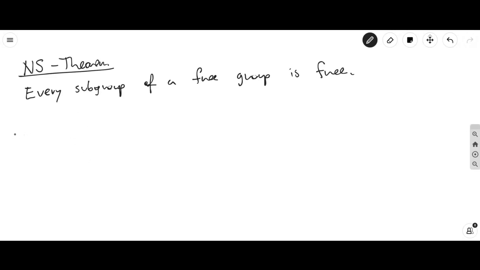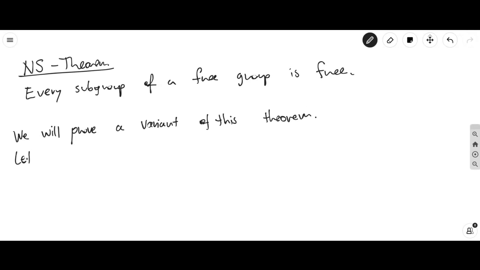So here's what we will prove. We will prove a variant of this theorem. So here's what we're going to prove.